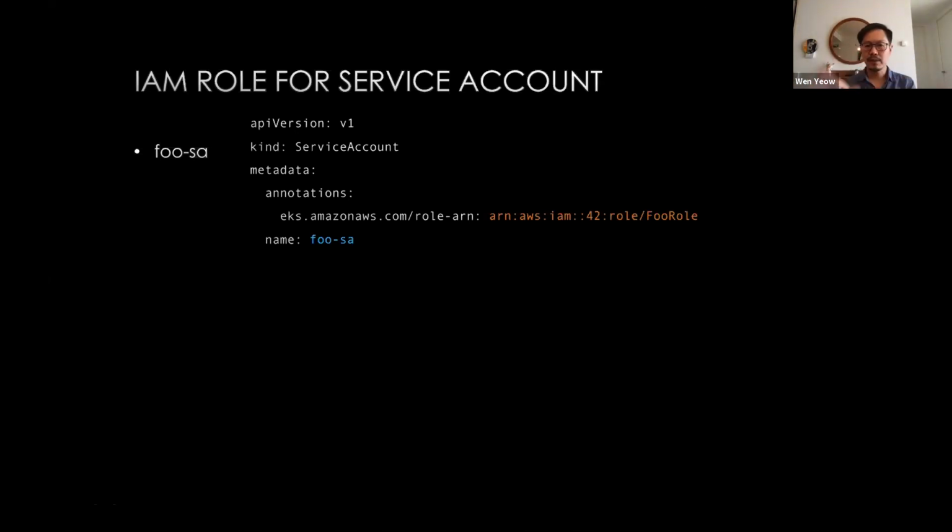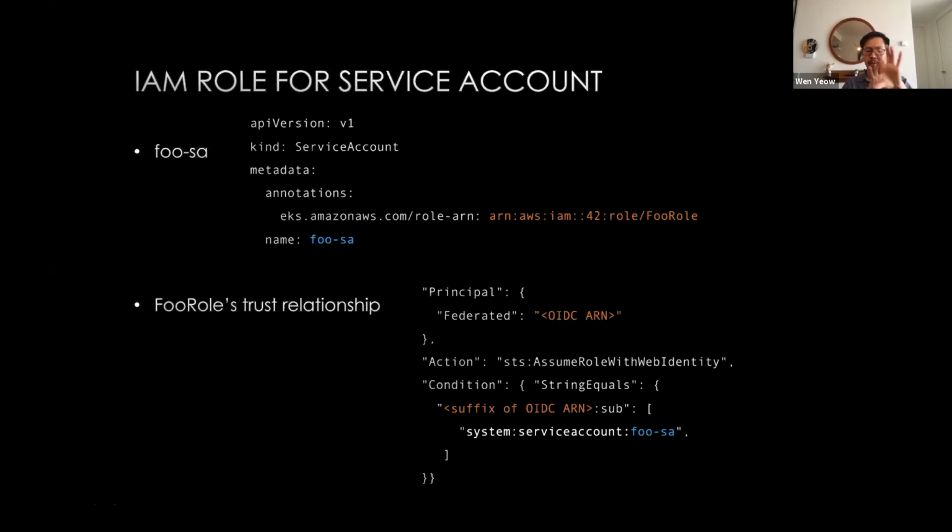So how does this work? With IRSA, the first thing is you would need to annotate the service account with an IAM role, step one. And obviously the service account would need to be mentioned in your deployment object, your deployment manifest. That's one. The second part of the equation would be the role. So in the IAM role, I've taken a snippet of the trust relationship of the role.